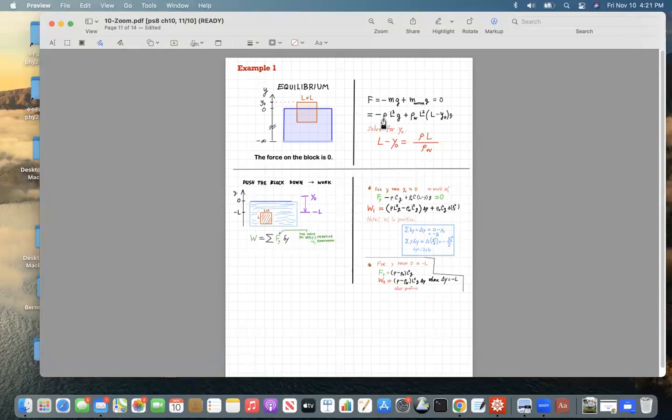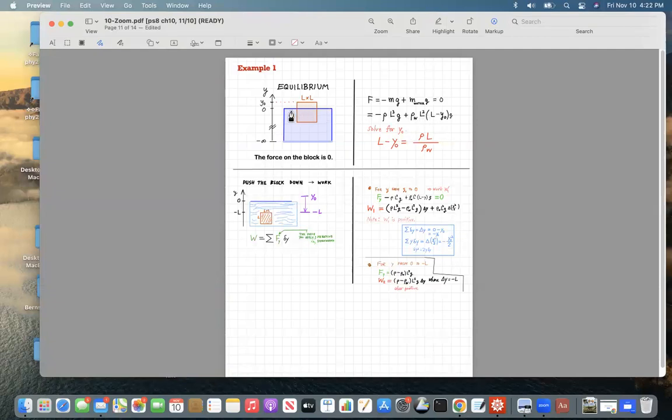So m is rho L cubed, where rho is the density of the wood. And then the mass of water is rho times L cubed, only it's not all of L cubed. It's only the volume below the surface. And this rho is not the rho of the wood, it's the rho of the water, because I want the mass of water by Archimedes' principle. So I have rho W.